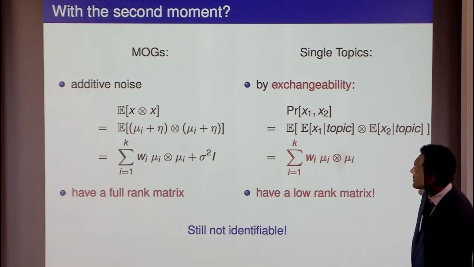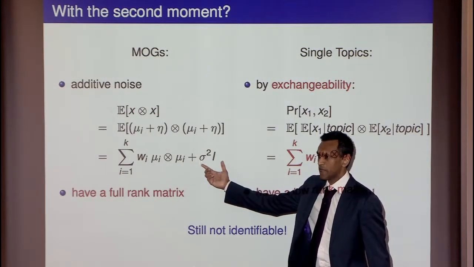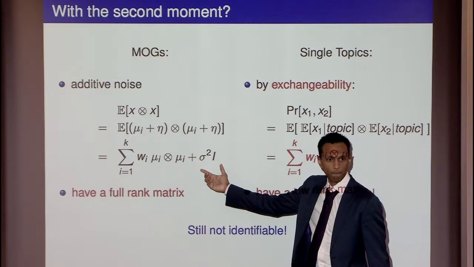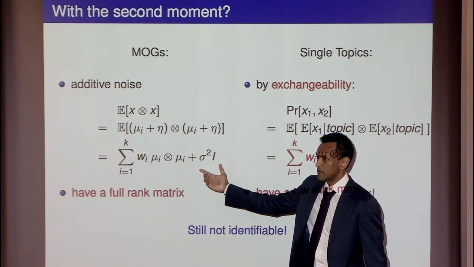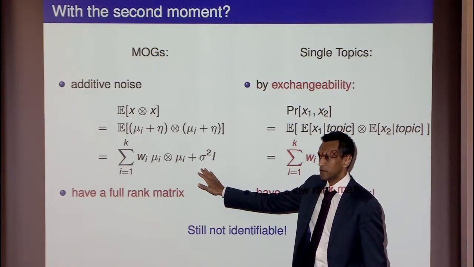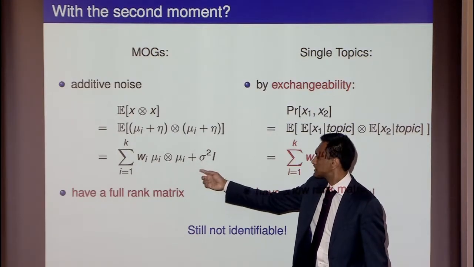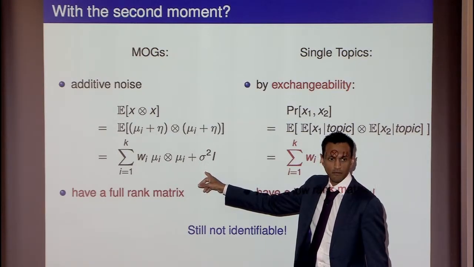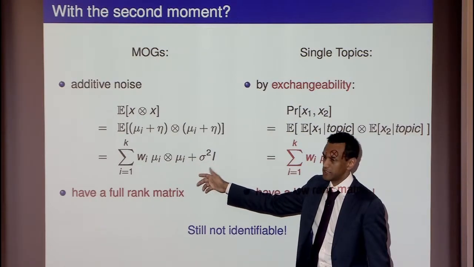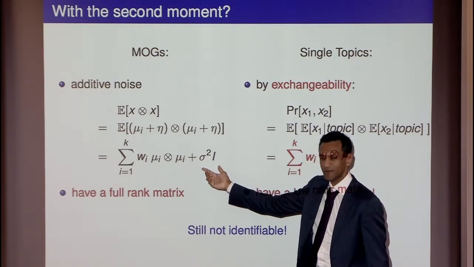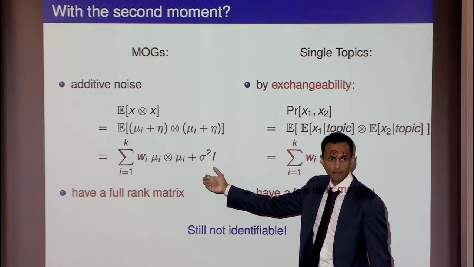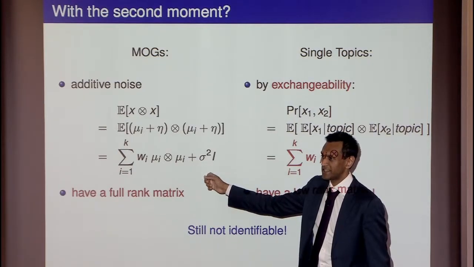So what went wrong in the spherical mixture of Gaussians case? Well, we have this additive term here, and that's just for the second moment. But what is this sigma squared? Can we figure it out? If I just give you this matrix, can you tell me what sigma squared is? Suppose k is less than d. Any guesses?